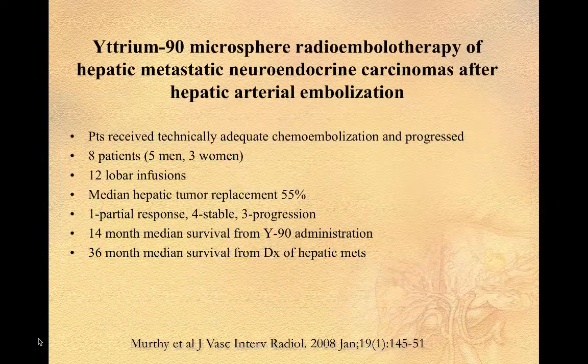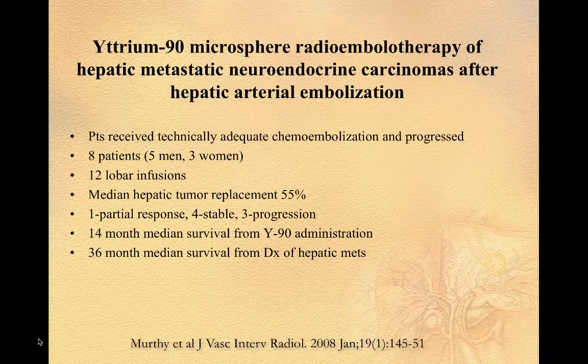Next. When we look at Y90 radioembolization after chemoembolization, my preference, and this is just my preference, is that we should probably radioembolize first. The reason that I say that is when we radioembolize with SIR-Spheres or TheraSphere, we don't block off any of those arteries. I've gone back in patients and retreated. Whereas with chemoembolization, the endpoint is stasis.